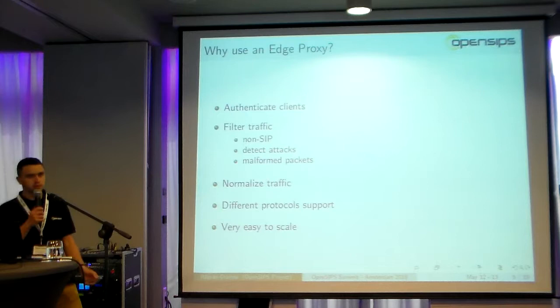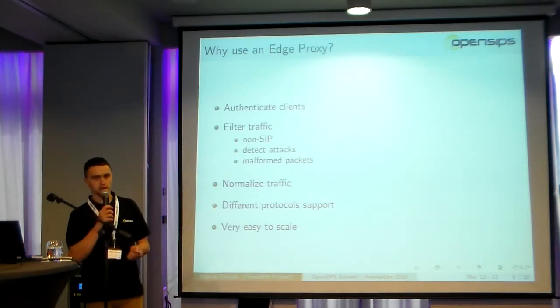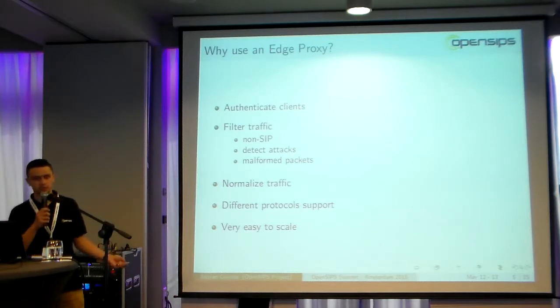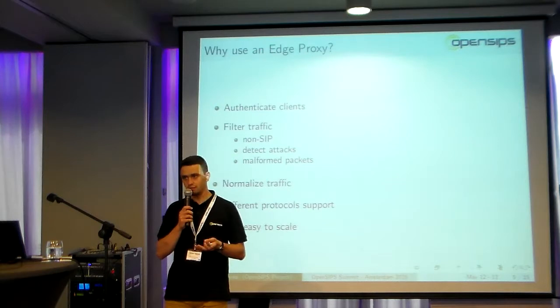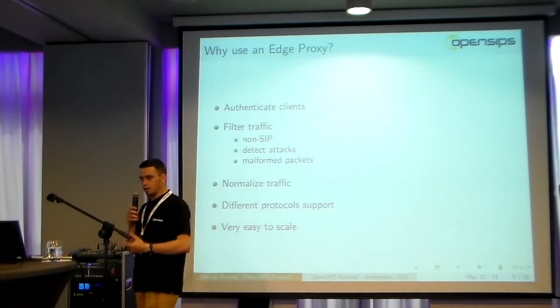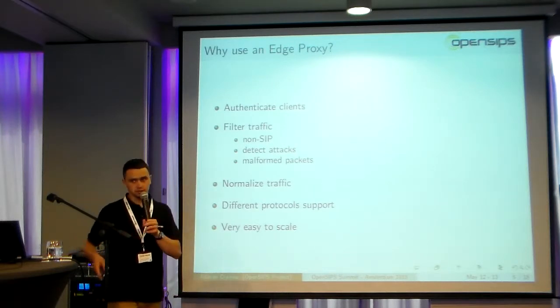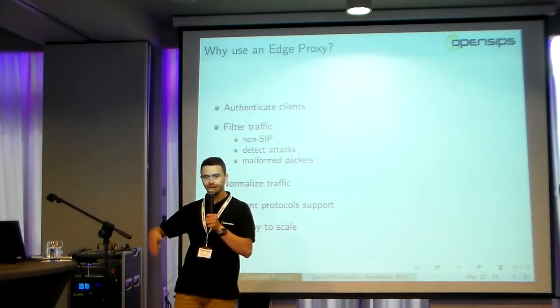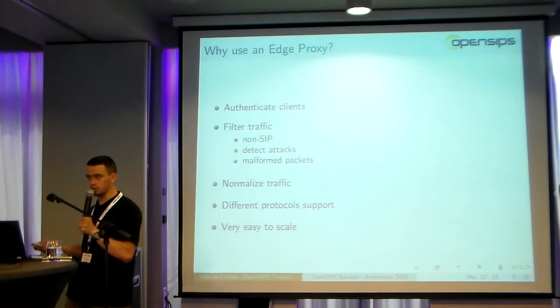And a very important thing that has to be taken into account when using an edge proxy is that it has to be very easy to scale. Because if you add more customers, then you can easily add an edge proxy. And also, if the core network doesn't handle the traffic, you can easily add multiple cores to support your customers.